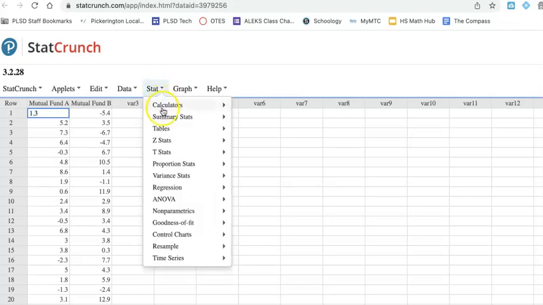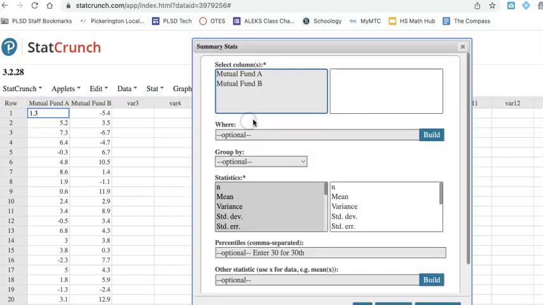So if I go to summary stats, and choose columns, I'm just going to do mutual fund A for right now. And I can choose whichever of the values I want to find. It did say shape, center, and spread. So I'm going to choose, I always forget which key I have to press.